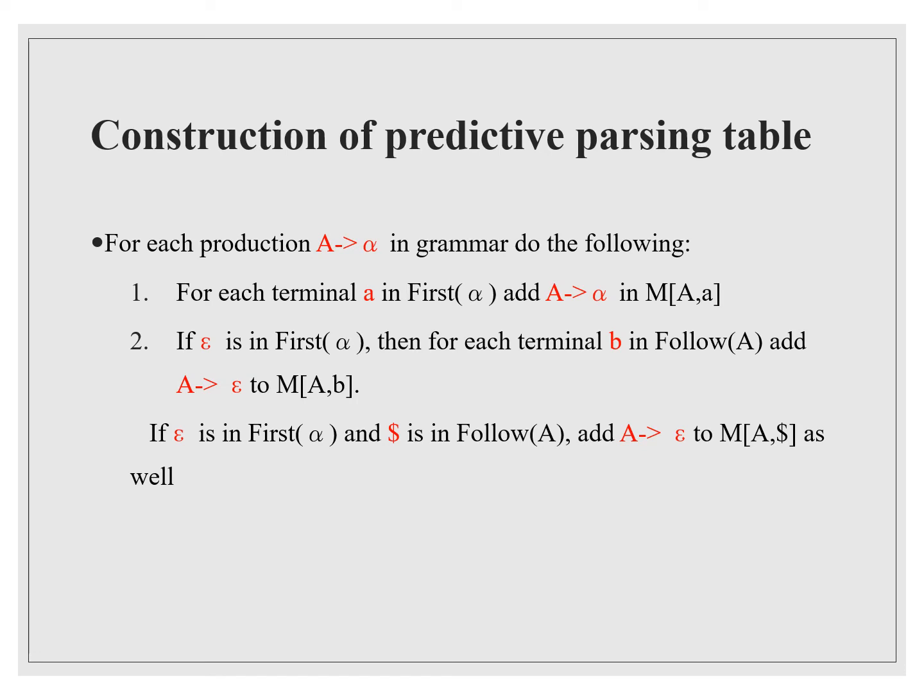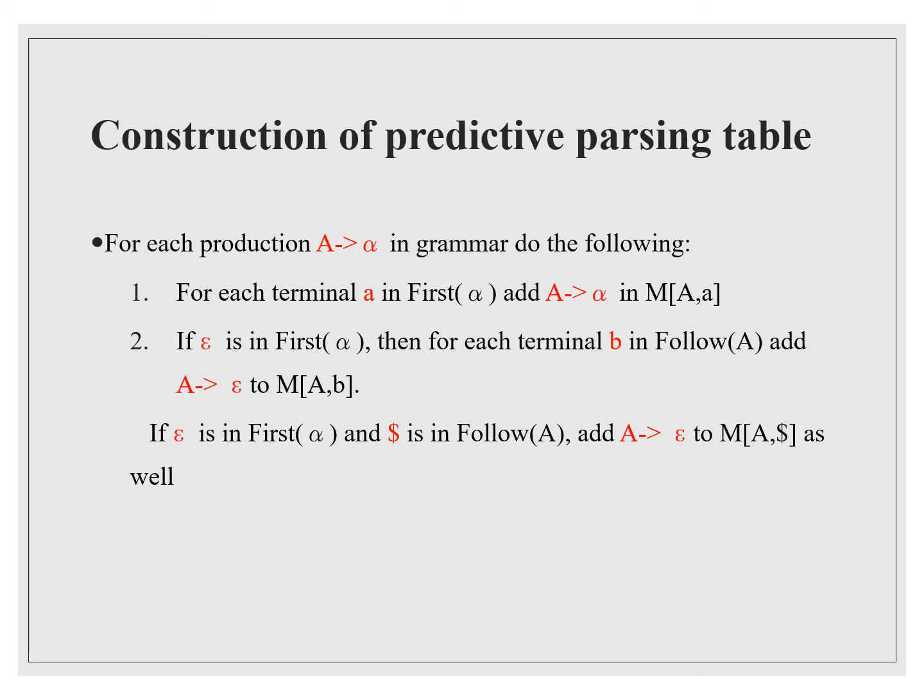Hence, according to the first rule, for each terminal a in first of alpha, we add A derives alpha in the entry where the row is capital A and the column is small a. In that entry, we add A derives alpha.